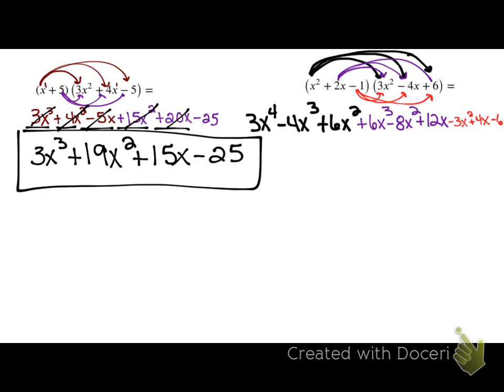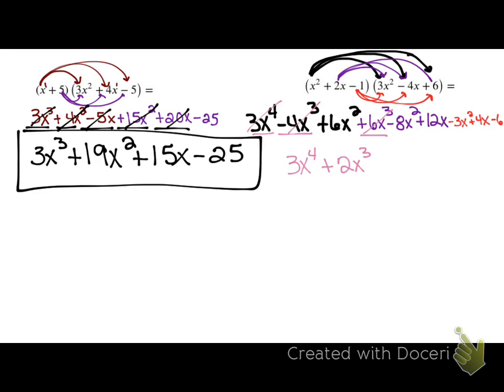Combine like terms, okay? Starting with my highest degree. What's my largest or highest degree here? 3x to the fourth. Do I have a like term with that? Bring it down. Okay, my next one. Negative 4x to the third and 6x to the third. So it's negative 4x to the third plus 6x to the third. 2x to the third.